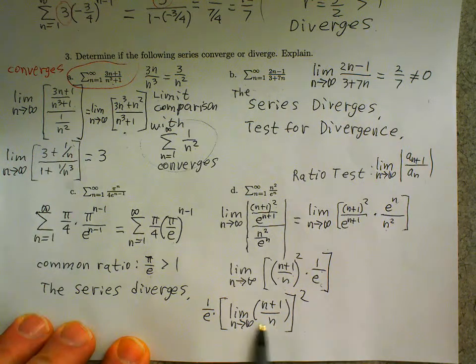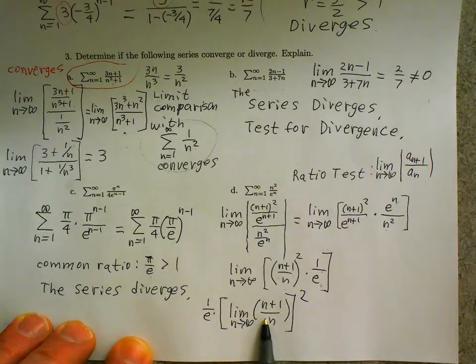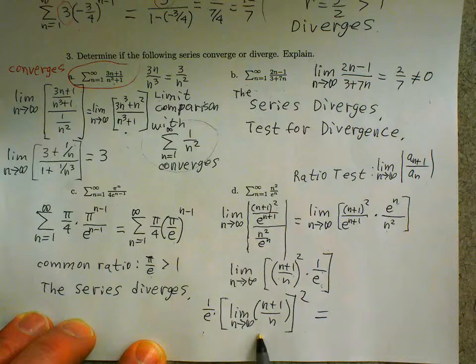We can rewrite n plus 1 over n as 1 plus 1 over n. And the 1 over n part goes to 0. The other number is just 1. So the limit of n plus 1 over n is just 1. And 1 over e times 1 squared is 1 over e.